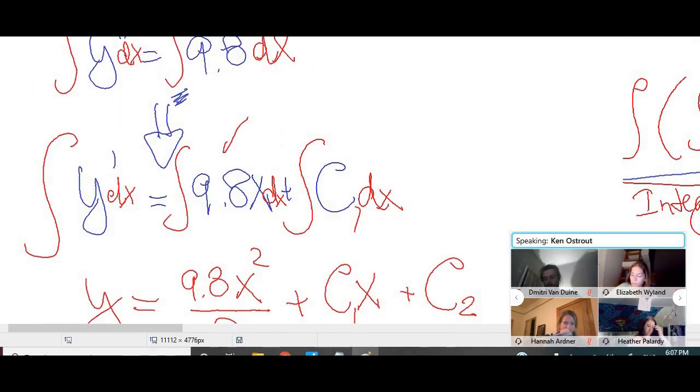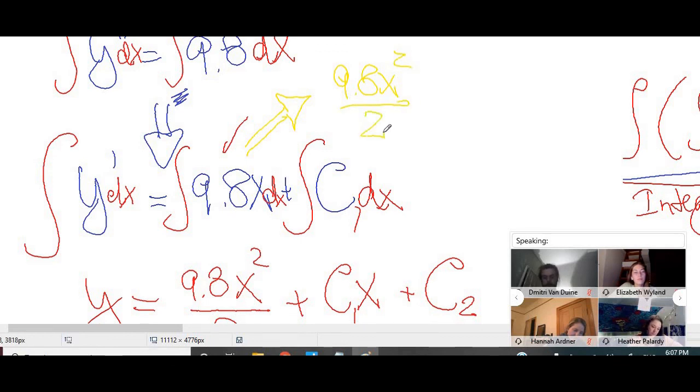All right, technically speaking, guys, and this is where I wanted to remind you of a subtlety that you probably didn't pick up on or comment on. Anything you want to tell me about this integral and this integral here? Look, guys, the integral of this thing is going to be 9.8x squared over 2 plus its own c.